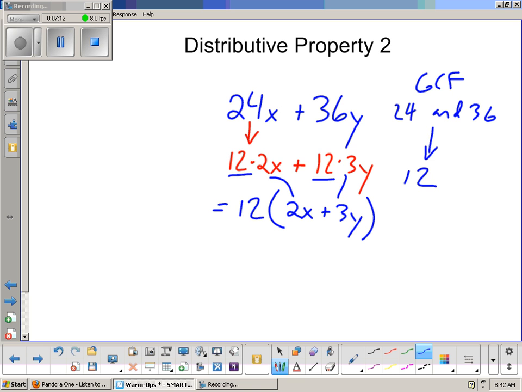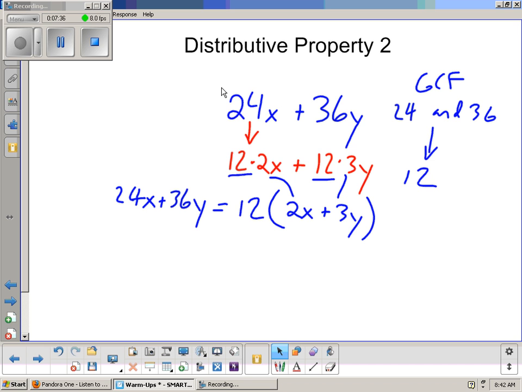So 24x plus 36y is equivalent to 12 on the outside of the parentheses and 2x plus 3y inside. So that's 12 sets of 2x's and 3y's. Okay? So this is one way the distributive property gets a little more challenging when we're asking you to pull out factors.